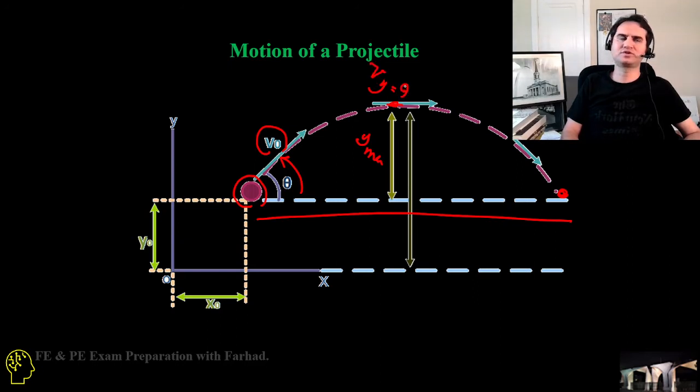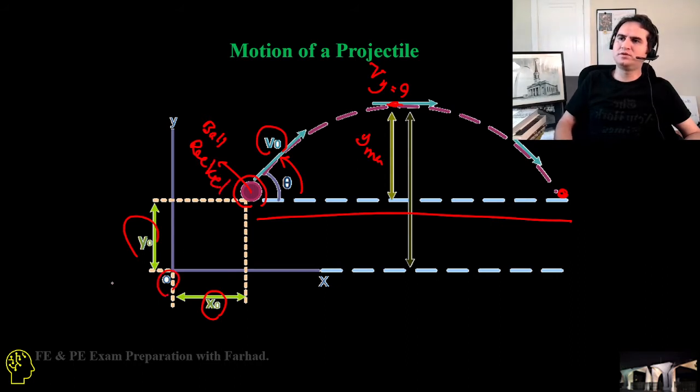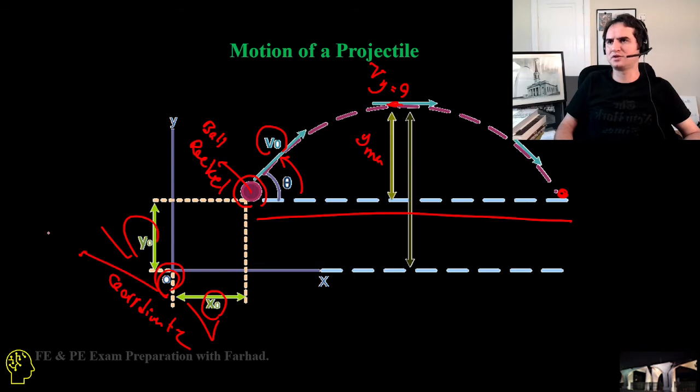Velocity in the y direction goes to 0, then a downward dive starts. And we also have an initial coordinate for our ball or rocket, which is from an arbitrary coordinate. At the beginning, we call that x naught, y naught, and this is our origin.